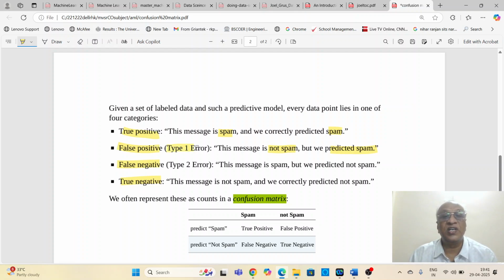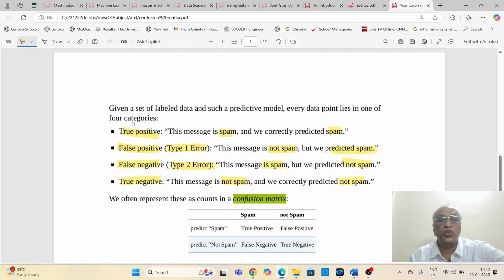False positive is called a type 1 error. False negative: the email is spam but we predict it as not spam. This is called a type 2 error. We can repeat this once again after this one cycle. True negative: the email is not spam and it is predicted as not spam.